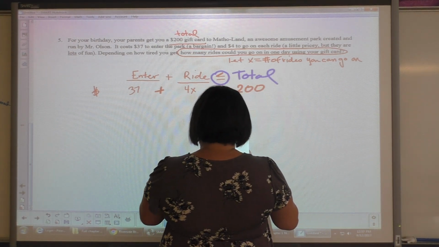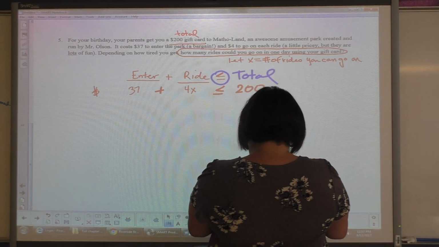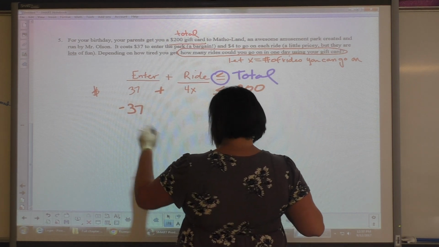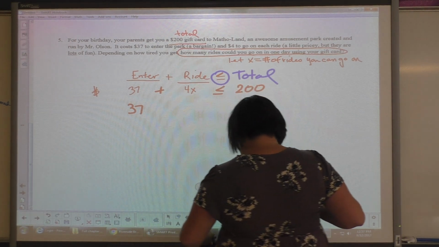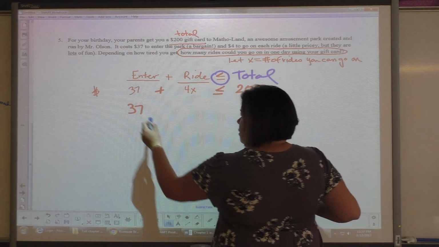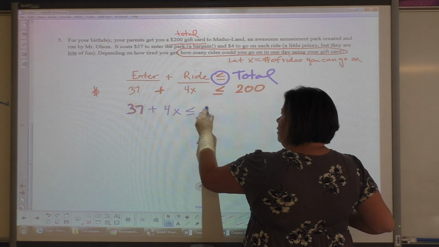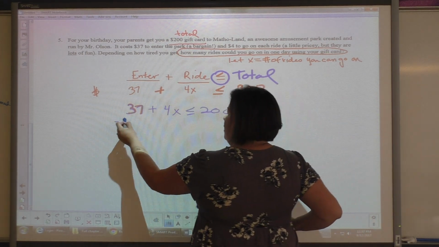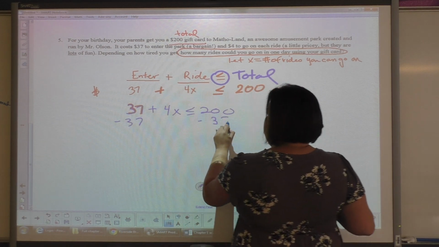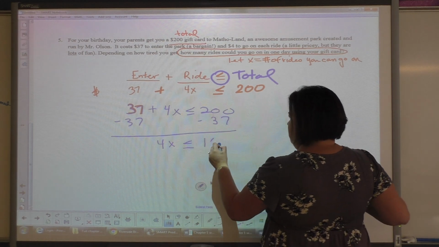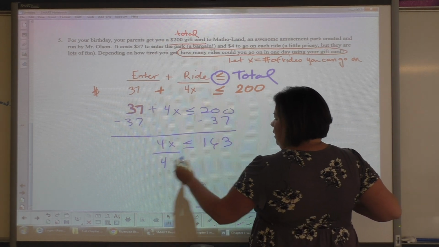What I'll do first is rewrite our inequality in one condensed format. And now we'll go ahead and solve. If I subtract 37 from both sides, I'm going to get 4x is less than or equal to 163.